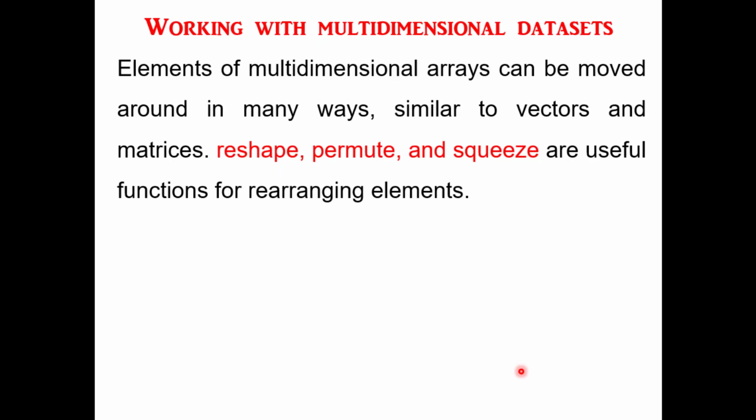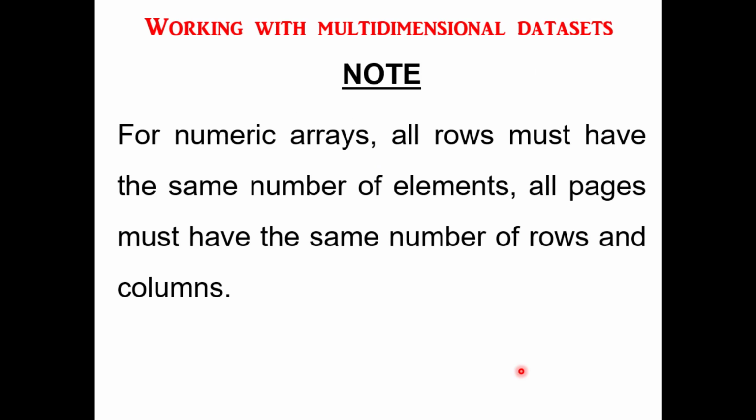It should be noted that elements of multidimensional arrays can be moved around in many ways, similar to vectors and matrices. Reshape, permute, and squeeze are useful functions for rearranging elements in a multidimensional array. Note that for numeric arrays, all rows must have the same number of elements. Similarly, all pages must have the same number of rows and columns.